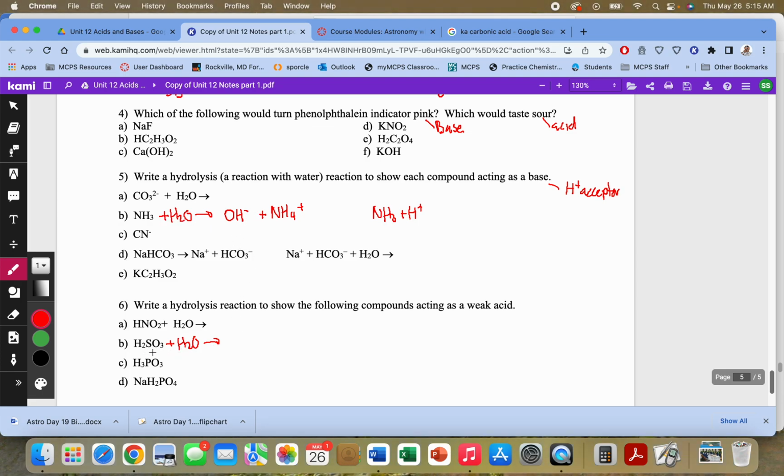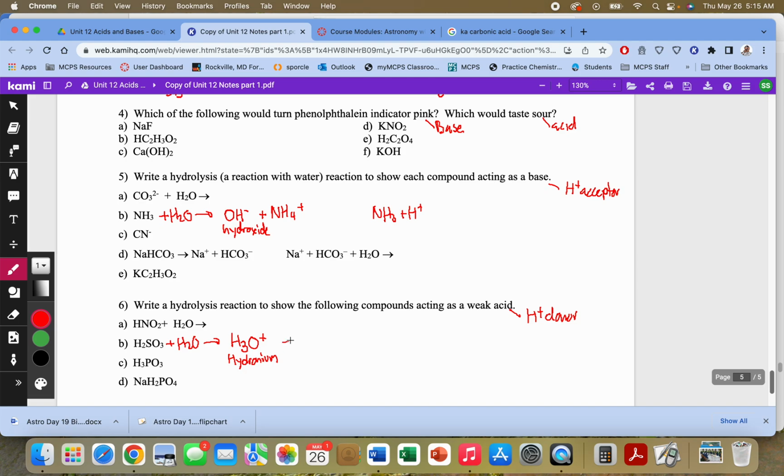If I want to do the hydrolysis of sulfurous acid here, this time the weak acid is an H+ donor. Well, if H2SO3 is donating an H, something has to take the H. So water in this case has to take the H. And when it does, it becomes H3O+, which you might recall is called hydronium ion. OH- is called hydroxide, and these are names that are going to come up a lot, so I keep on repeating them.